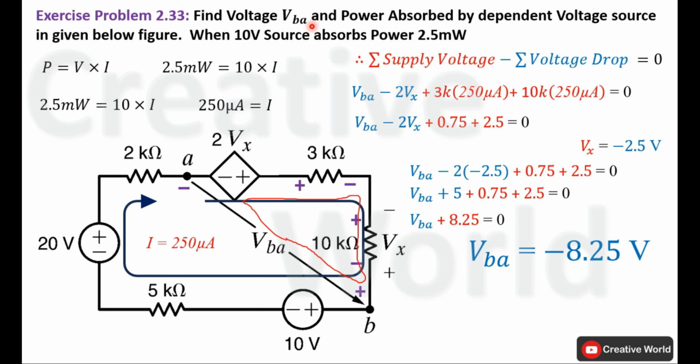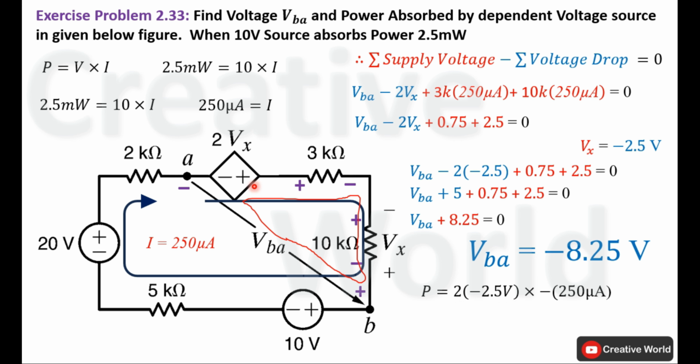Now we have to calculate the power absorbed by this dependent voltage source. We will use the basic formula of power calculation, which is the product of voltage and current. The voltage of this dependent voltage source is 2Vx and the value of Vx is minus 2.5. So the voltage across this dependent voltage source will be the product of 2 into minus 2.5 volt.